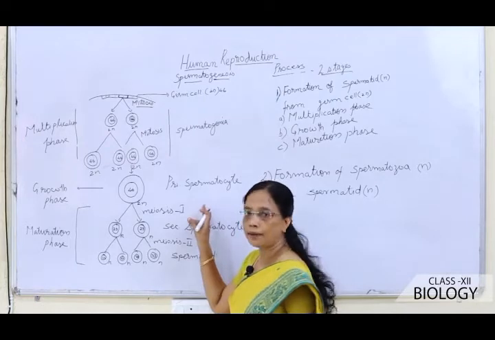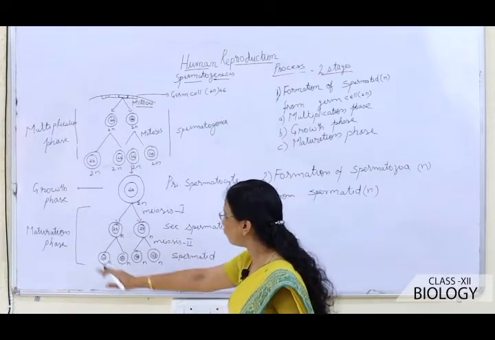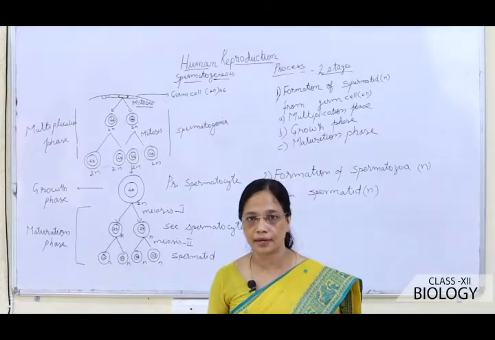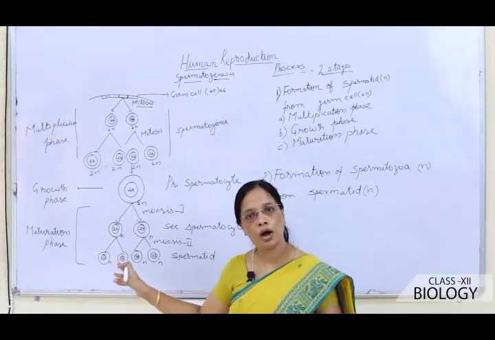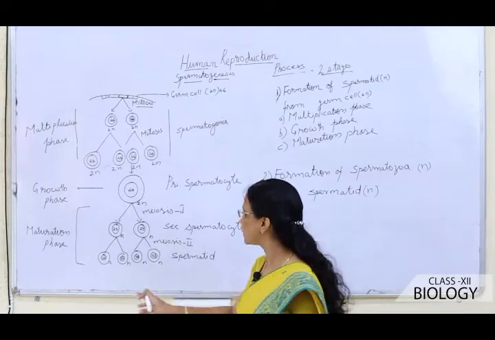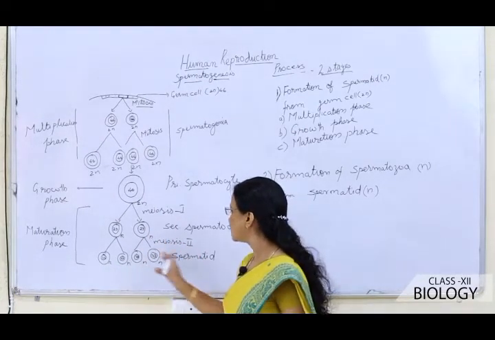That is known as primary spermatocyte. And after that, in the maturation phase, it undergoes a reduction division, that is meiosis 1, in which the chromosome number is reduced to half. That means the diploid cell becomes a haploid cell. Again it undergoes meiosis 2 and forms spermatid.